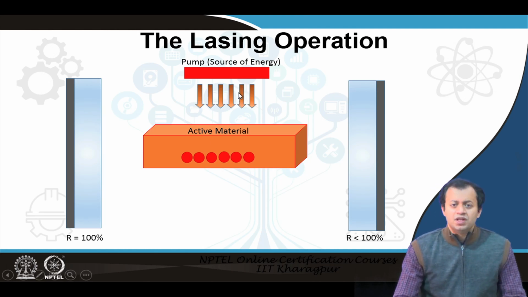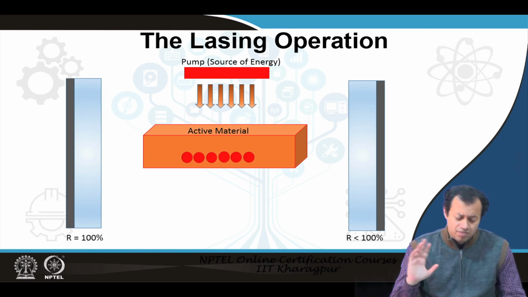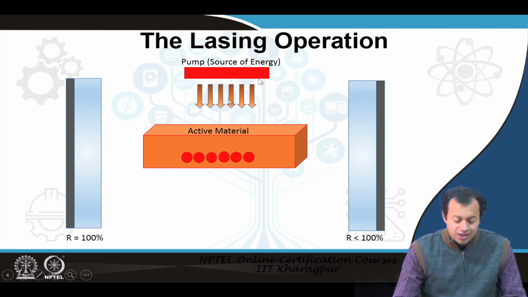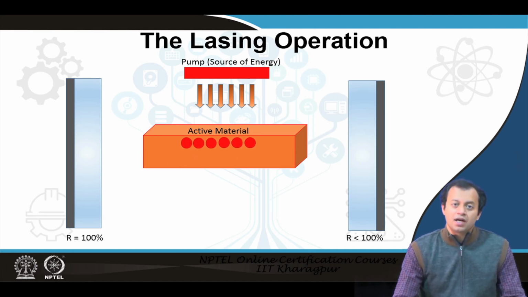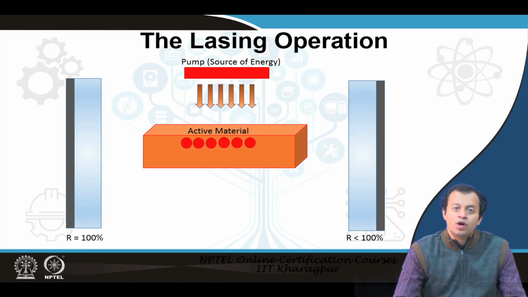This energy can be an electric current, a chemical reaction, or it can be optically pumped, light from another laser. That energy will be absorbed by these electrons in the active material, and they will move into the upper level.